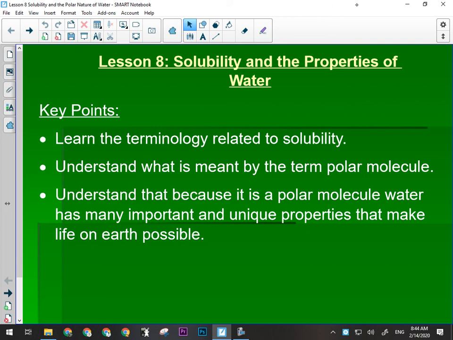Right, the green one, the red one, and the blue one? They all dissolved pretty well. Did anything that was a crystalline solid dissolve pretty well?